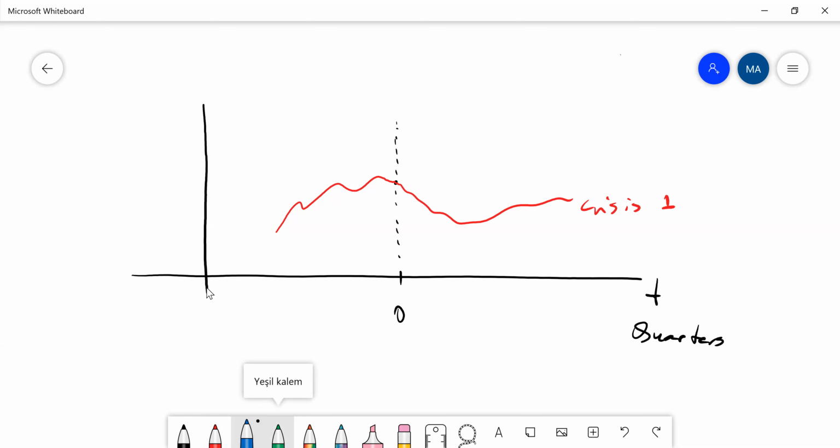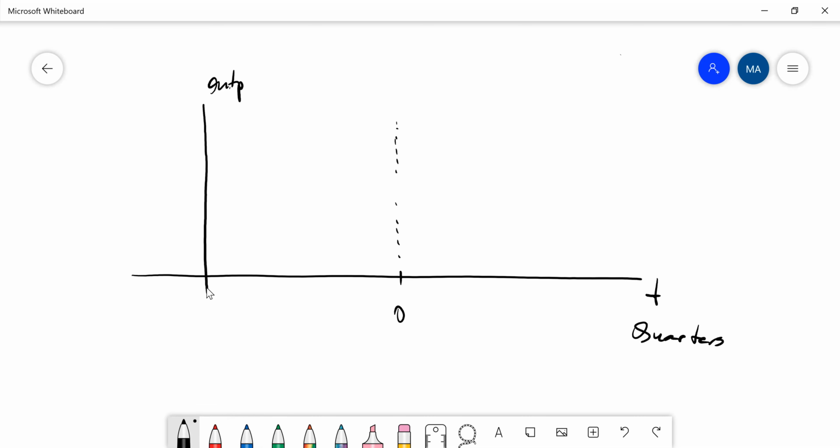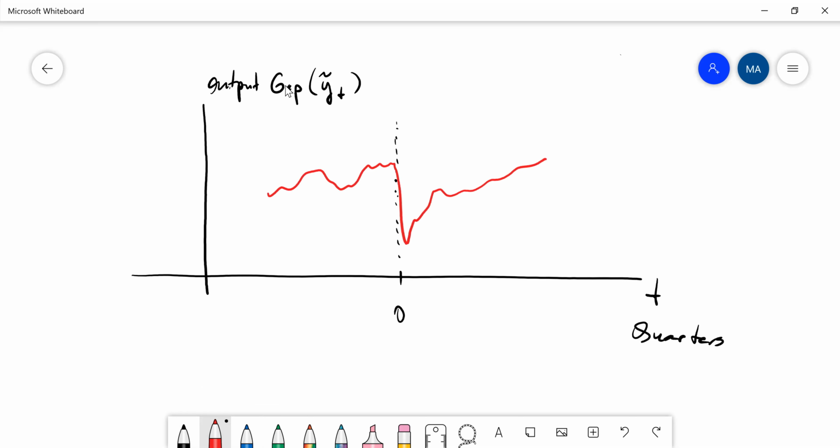Suppose that you look at the output gap. So in one crisis, you would see something like this. This is, let's say, crisis 1.